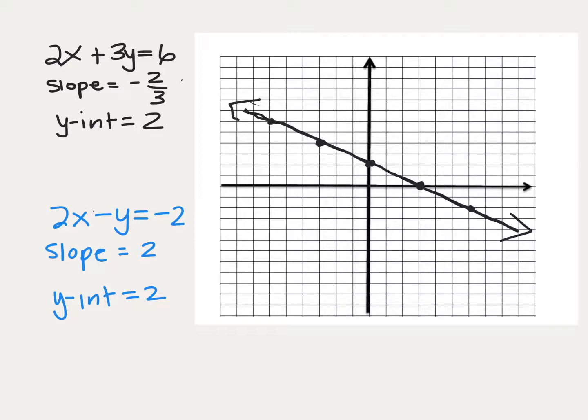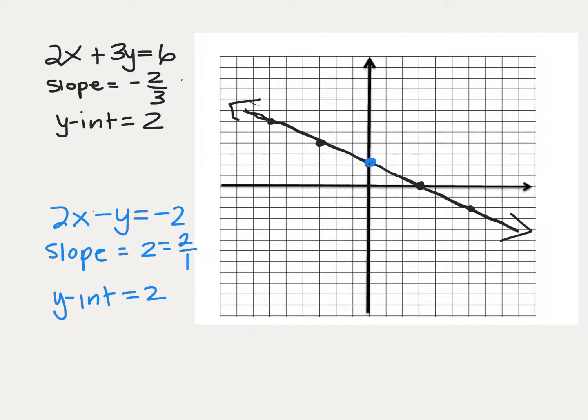Now I'm going to graph the second equation, 2x minus y equals negative 2. So when I look here, I need to plot 2 for the y-intercept. So I'm going to do that. It's going to be right here. And the slope says 2 also. Well, that's the same thing as if I write it as 2 over 1.